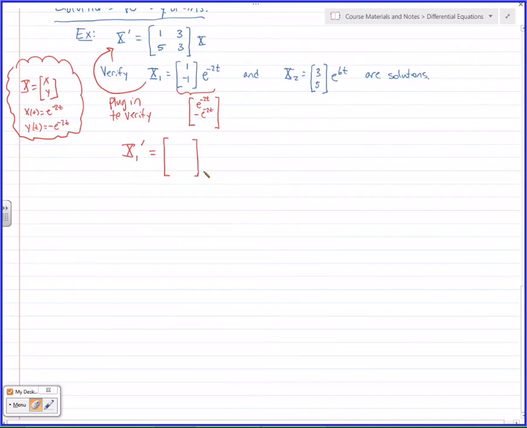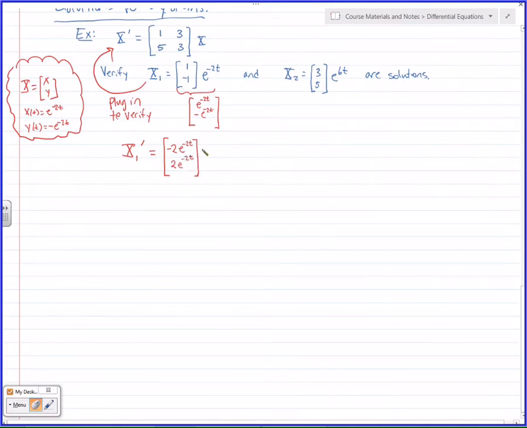By the way, if you do the derivative of up here, just realize that this 1, negative 1 is like a constant out front, and you can just take the derivative of the function, which is negative 2 e to the minus 2t, and then multiply the vector in. Or you can just take the derivative of this. Either way, you get minus 2 e to the minus 2t and 2 e to the minus 2t.